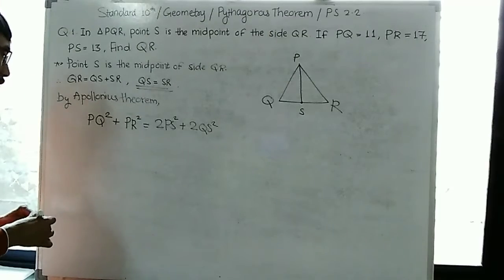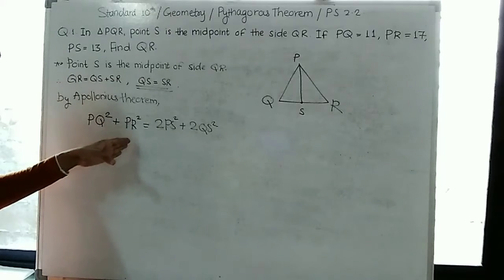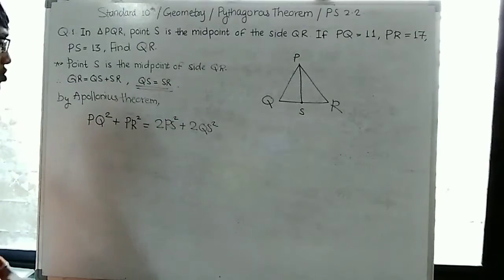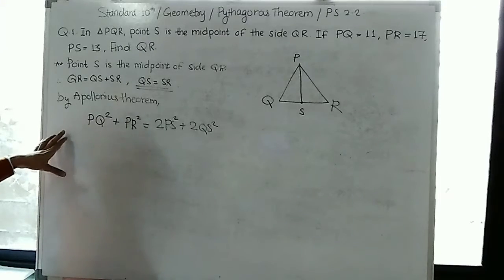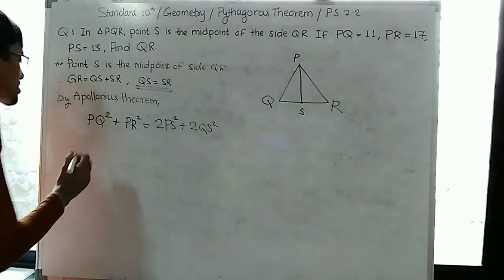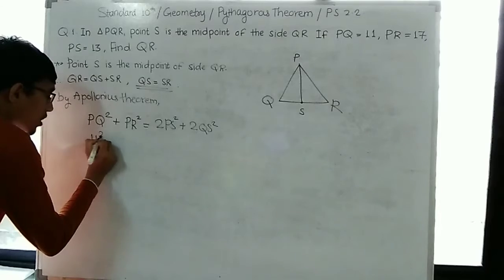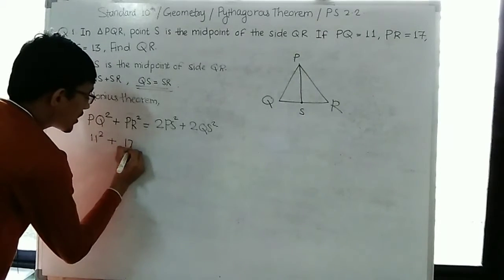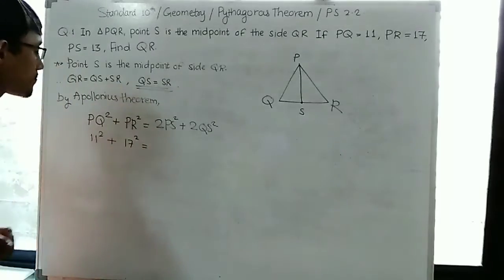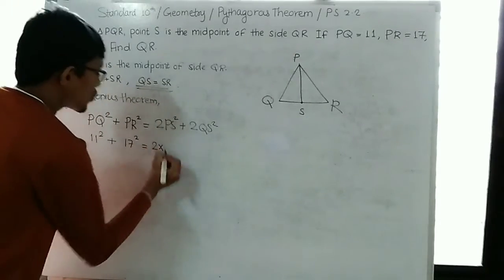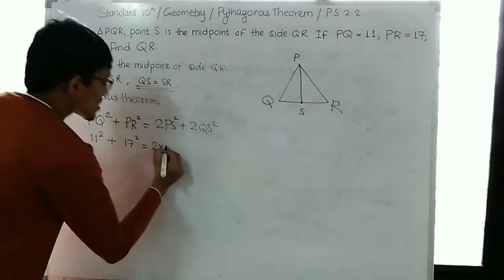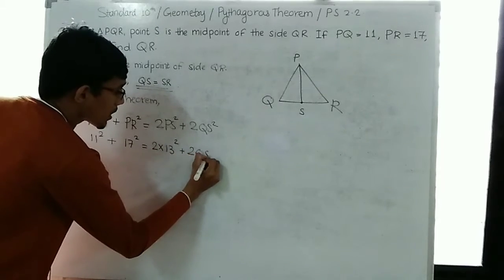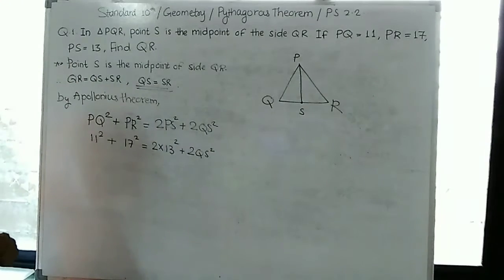Now the value of PQ is given, that is 11, so 11 square plus the value of PR is 17, so 17 square is equal to 2 into the value of PS, which is given, that is 13, so 13 square plus 2 into QS square.